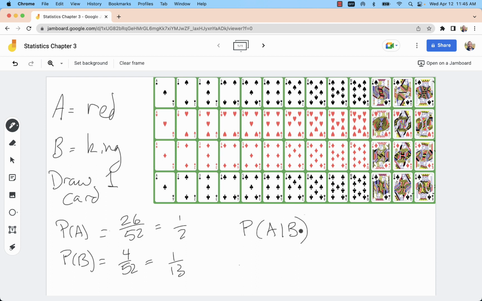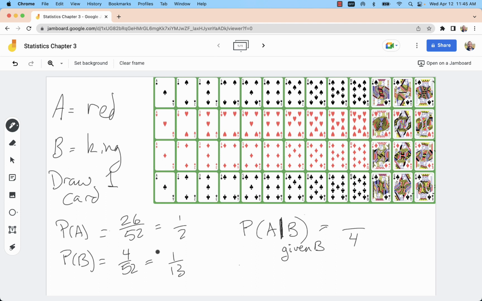We're saying we're drawing one card. We have a given A or given B here. Given that it's a king, what's the probability it's red? So we start with the part after this vertical line, given that it's a king. First we're going to say, how many kings do we have? Given B, we've got 4 kings. So now that's going on the bottom, right?